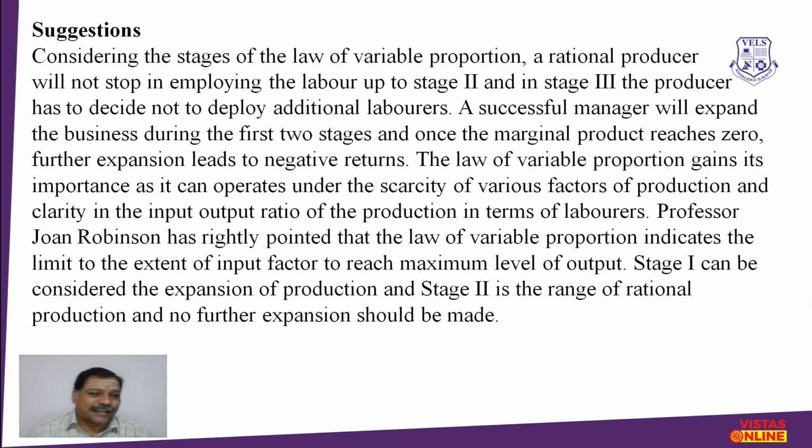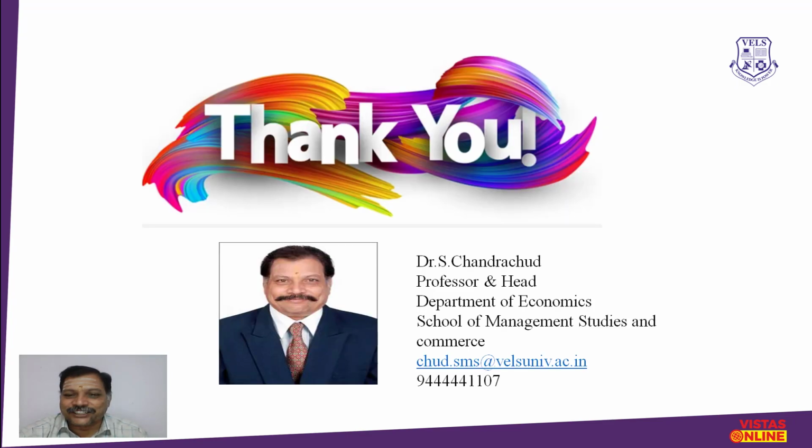So stage 1 can be considered as an expansion of production, stage 2 is a range of rational production, and no further expansion should be made in the third stage. So in this way we can solve this particular case study.